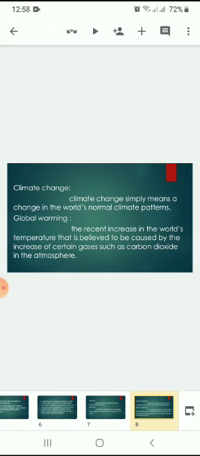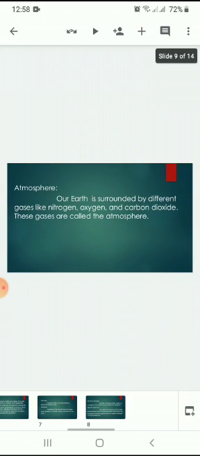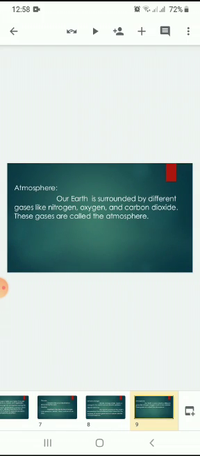Global warming. The recent increase in the world's temperature that is believed to be caused by the increase of certain gases such as carbon dioxide in the atmosphere. Atmosphere.